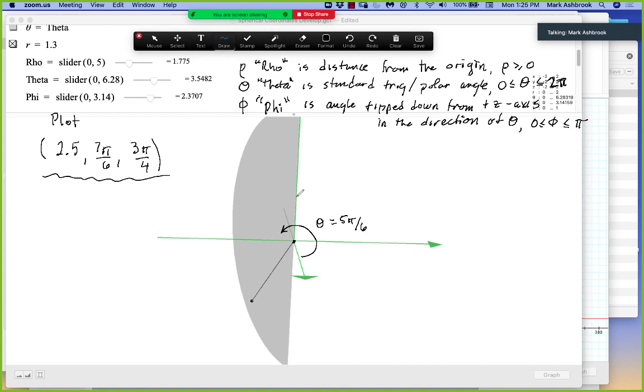And this is tipped down from the z-axis 3/4 of the way to the negative z-axis. And this is supposed to be horizontal. So show that any better.